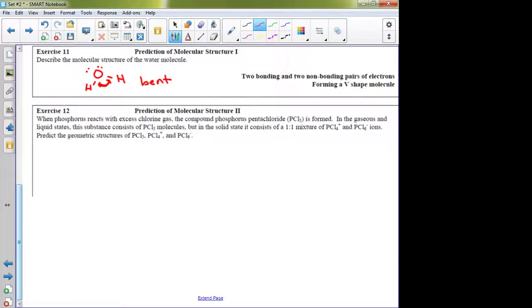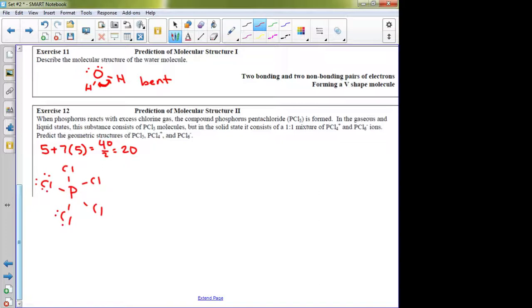How many valence electrons does phosphorus have? 5. How many does chlorine have? 7. 7 times 6 plus 5. So 5 plus 28 is? 5 plus 35. Sorry, y'all, I jumped ahead there. It is 40. Divided by 2 is 20. So I'm going to put phosphorus in the middle. I'm going to show 6 chlorines surrounding it.